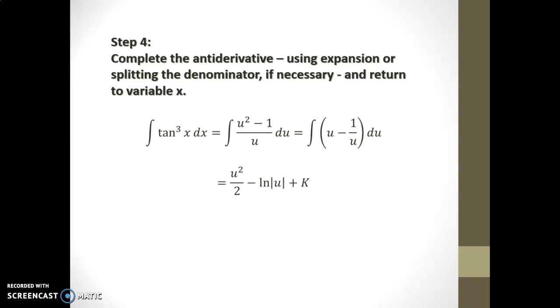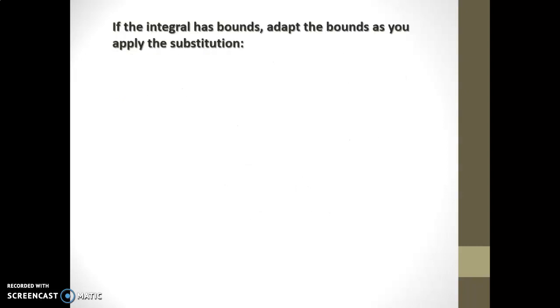Finally, we can return to x's by recalling that u stood for secant x. If the integral has bounds, adapting the bounds as you go along is a useful way of avoiding having to return back to x's.